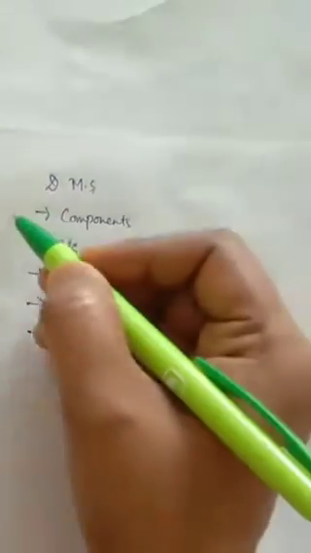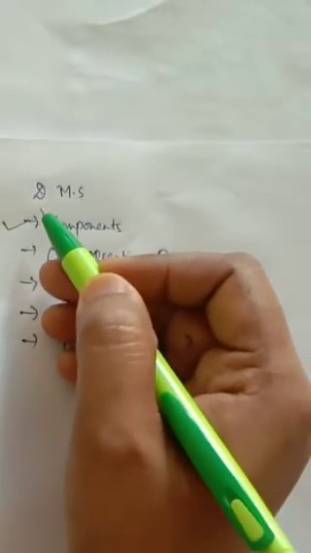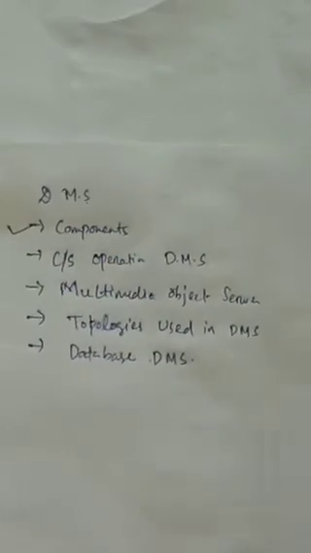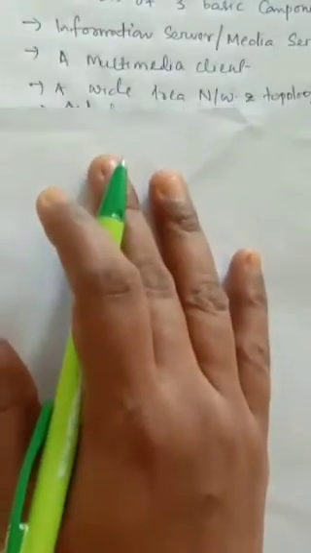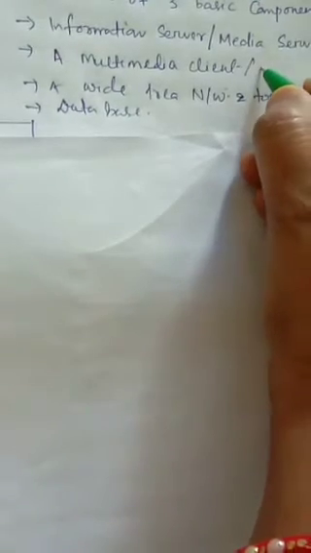So let us come to the first topic, which is component. What component a distributed multimedia system have? So basically a distributed multimedia system is having the components like an information server, or it is called as media server, and the second one is a multimedia client, or you can write it like many clients.